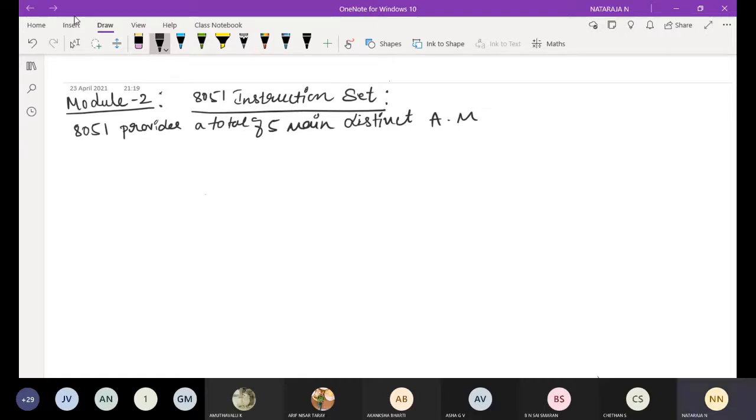We have mainly 5, and in that 5, some have subdivisions. Make a note of that 5.